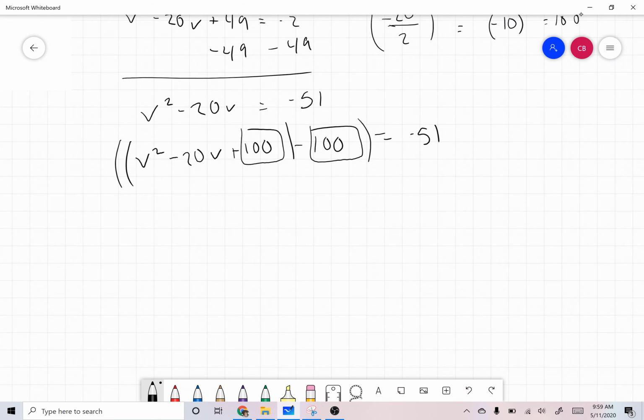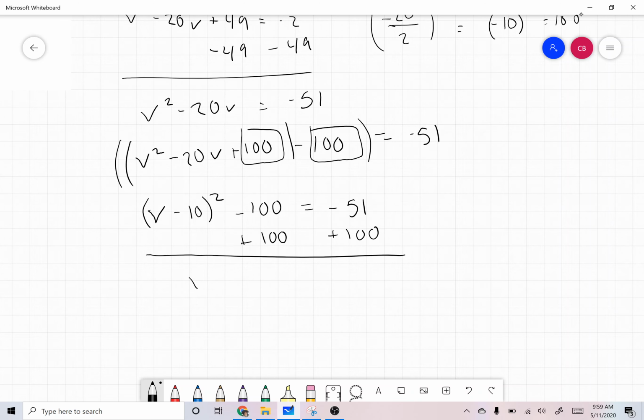This is going to factor nicely as v minus 10 squared minus 100 is equal to negative 51. Add 100 to both sides. We have v minus 10 squared is equal to 49. Square root it. V minus 10 is equal to plus or minus 7.